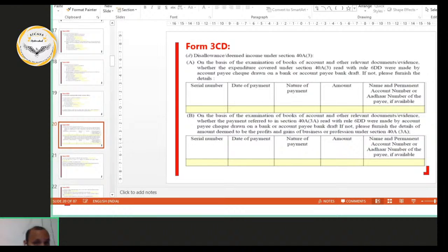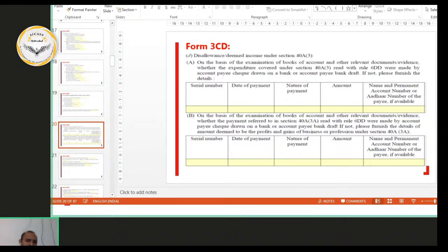Will that be disallowed? No. It will be allowed even under 40A7, for the simple reason that it is a provision towards actual expenditure, nothing but accrual. That is why it is allowed as a deduction.